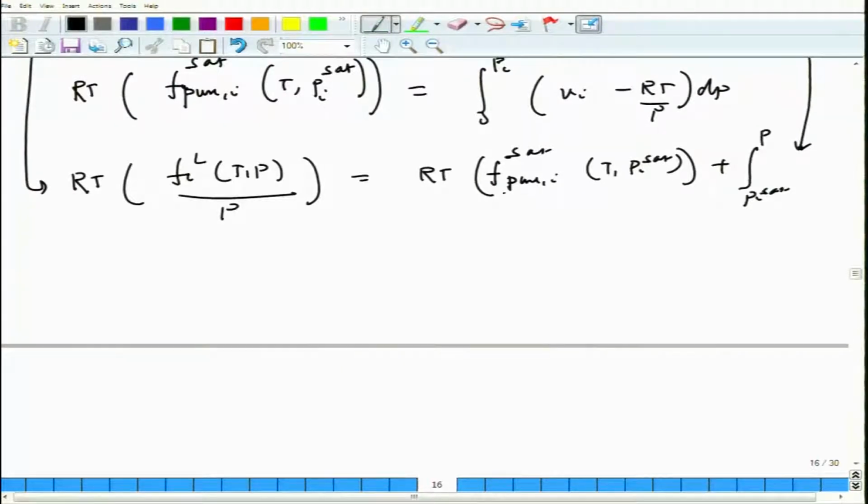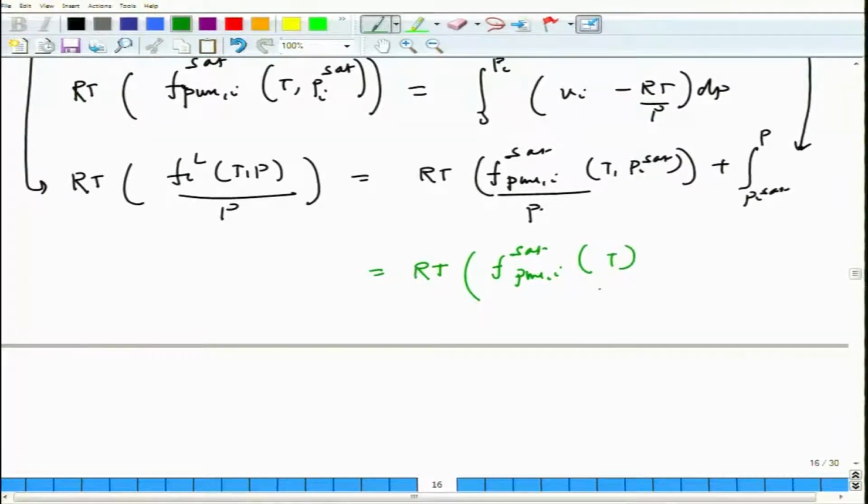Let me correct this, this is going to be P. So, I can now rearrange this expression. Before I rearrange it, this right hand side can also be written as f sat pure i at T.